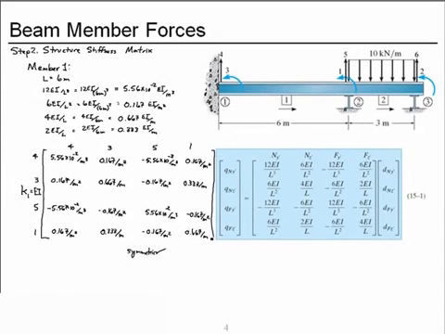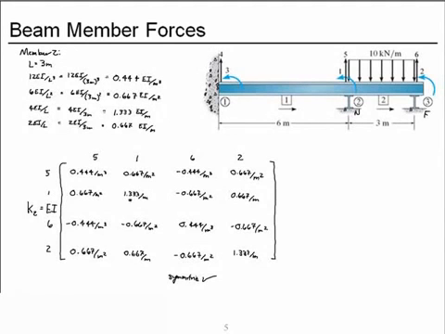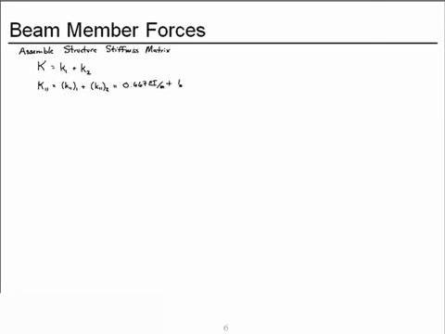It is this quantity, to which we add this quantity from member 2, row 1, column 1 by degree of freedom. Combined, those give us 2.0 EI per meter.